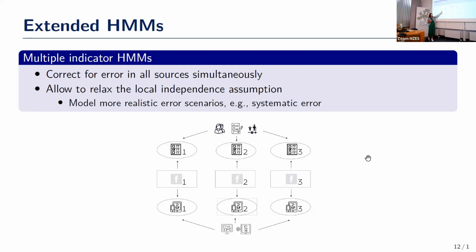But the problem is that those are probabilistic models. So we don't actually find that, for instance, individual one, according to what they answered, truly has a temporary contract or a permanent contract. We get a probability of them having a specific type of contract.